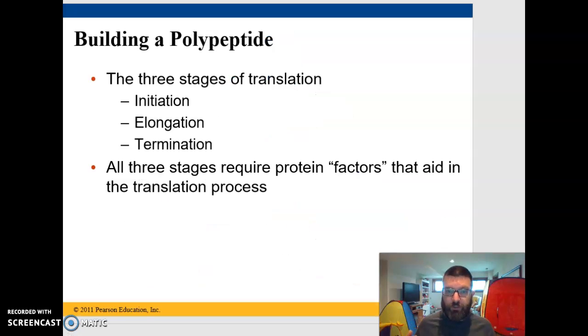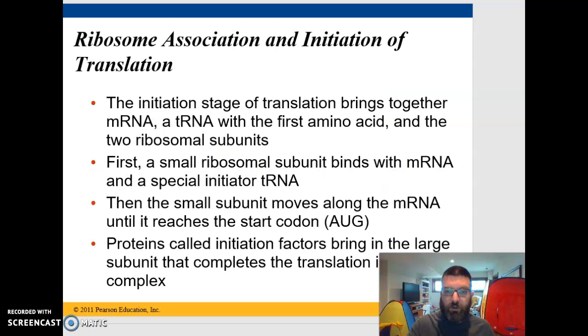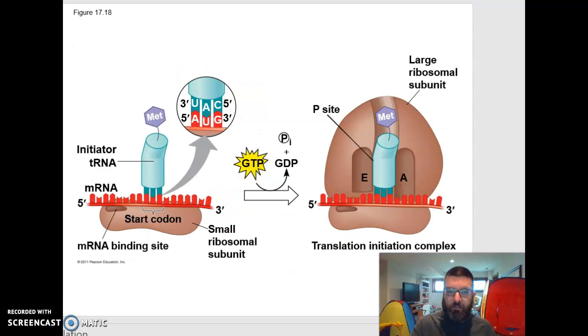Just like transcription, translation also has three phases, and they are also called initiation, elongation, and termination. And they also require some protein factors to get this stuff started. So initiation is where you bring everything together, and it requires a start codon. So the AUG start codon on the mRNA is going to bind with the small subunit, and then the large subunit and the tRNA are going to bind as well.